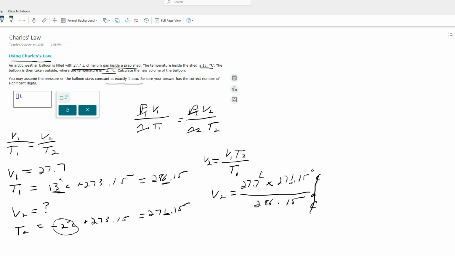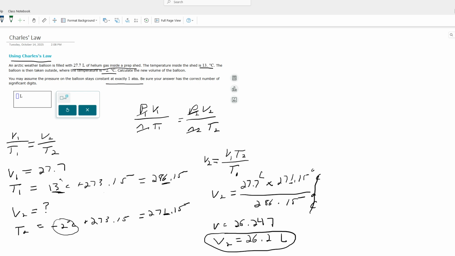And that gives me that V2 equals 26.247. Okay, I need 3 sig figs. So I can say that my final volume for V2 equals 26.2 liters. All right, these are cake.